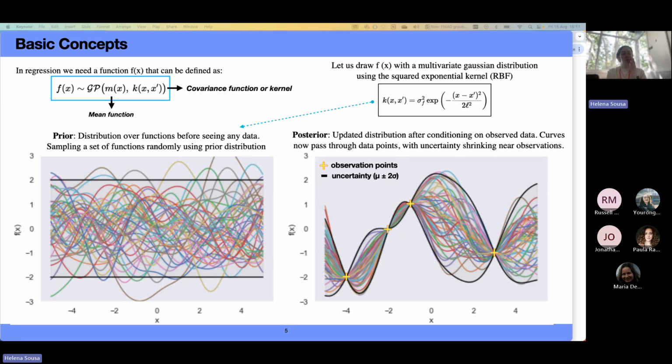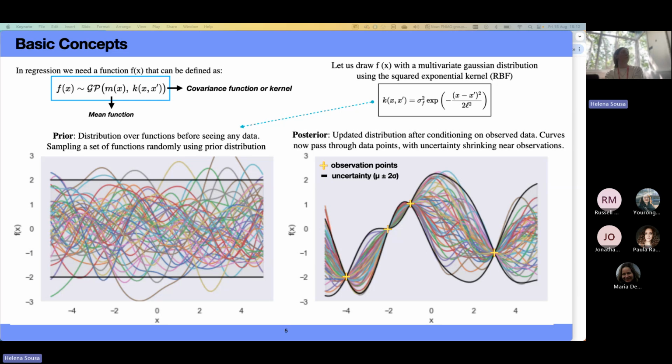The Gaussian process allows us to model f of x by having a collection of Gaussian distributions defined by the mean function and the covariance function, which we can also call the kernel function. So overall, when we do GP regression, before we even see any data, we can define what we call a prior over our functions using a Gaussian process.